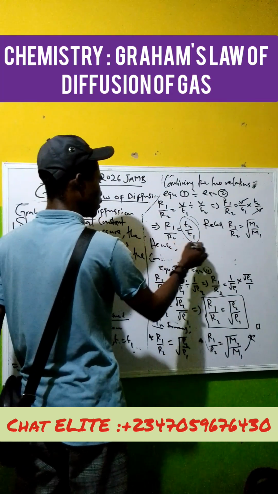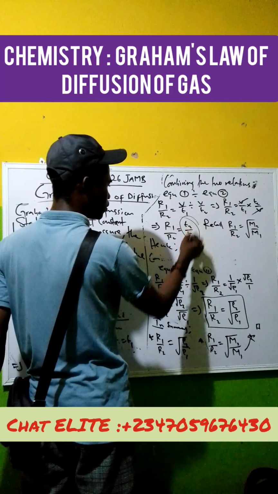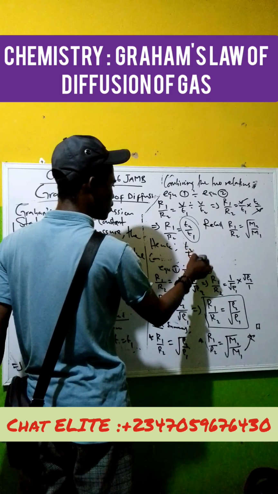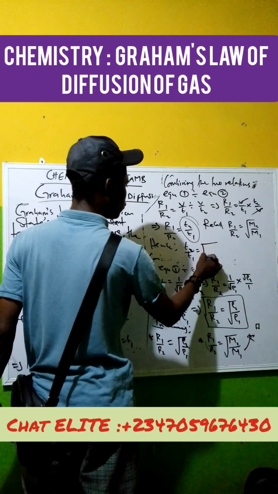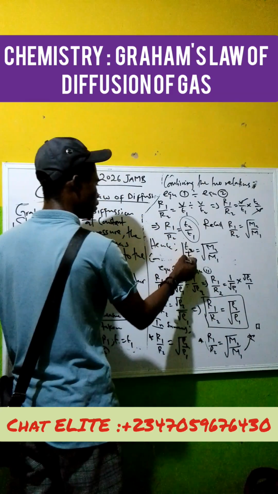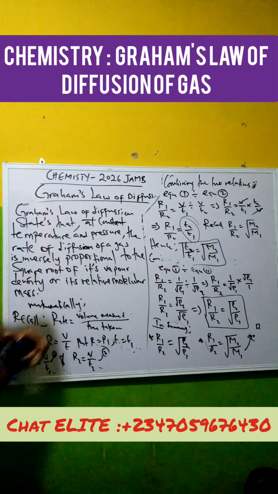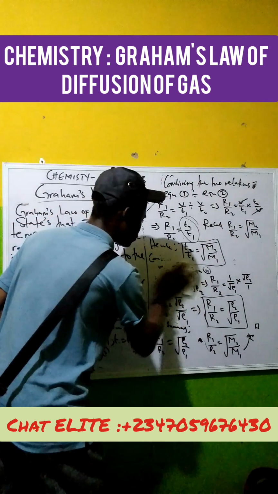Hence, anywhere we see the whole of this, we'll put this one. Then we have T2 over T1 is equal to square root of M2 over M1. So that's it. This is the last one. So this law brought us to 3 equations. And what are the equations?